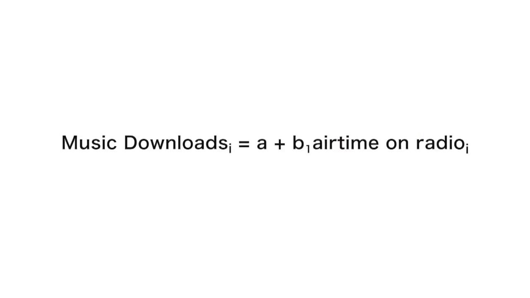We could summarise this relationship using a linear model by replacing the names of our variables so that music downloads equals A plus some B coefficient times airtime on radio. Once we've estimated the values of A and B, we would be able to make a prediction about the music downloads by replacing airtime on radio with a number representing how much airtime was recorded.